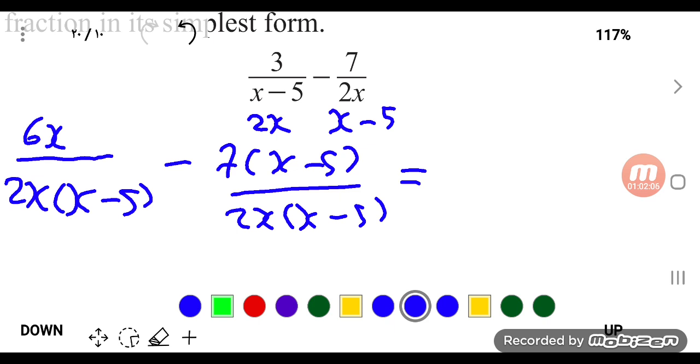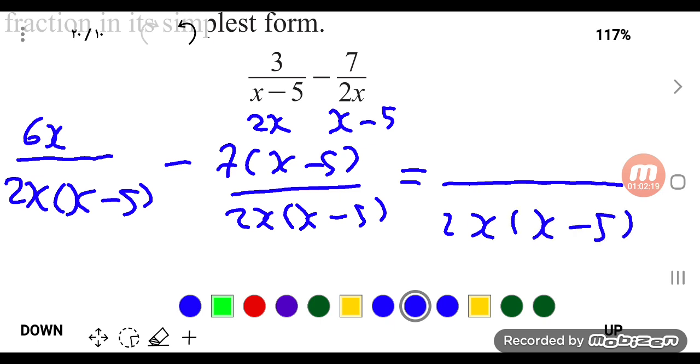Now since they have the same denominator, we can combine them into a single fraction. At the bottom you have 2x times x minus 5, leave it as it is, don't expand it. At the top you have 6x minus 7x plus 35.